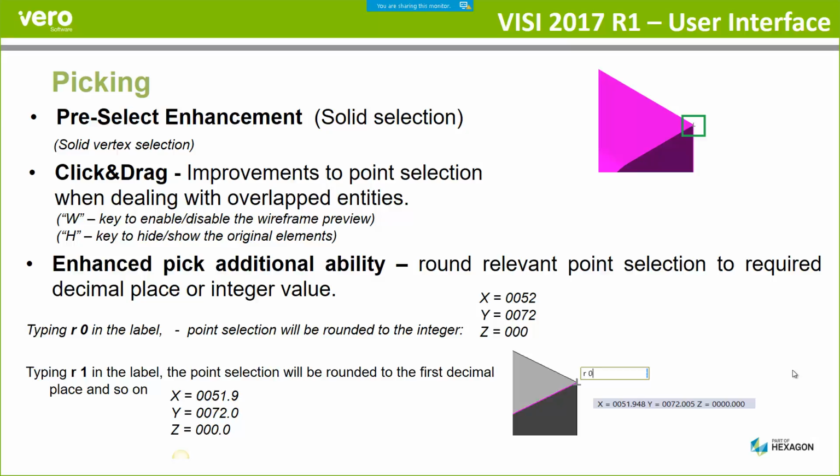If you're dragging geometry from one place to another, and you've got the solid shading on, sometimes it's difficult to pick an anchor location. So if you press the W key now, it'll enable and disable the wireframe preview. So if the solid shading's on, the piece you're moving will then be put into a wireframe shading option, so it makes it easier to select an anchor position.